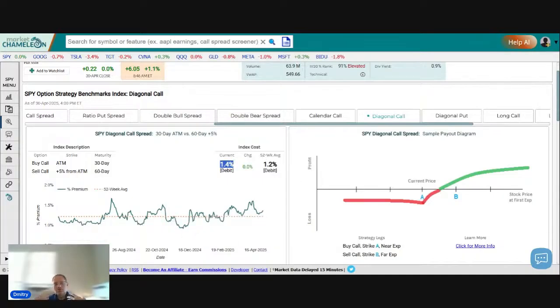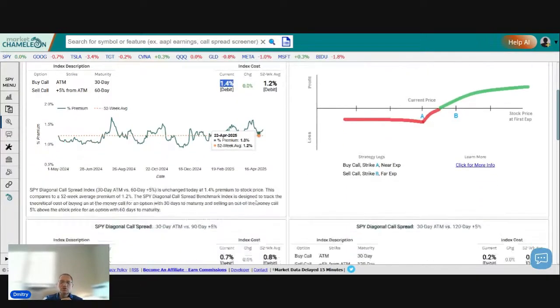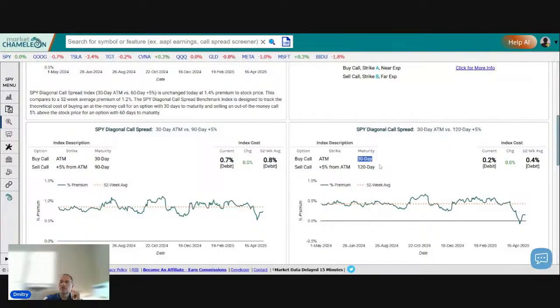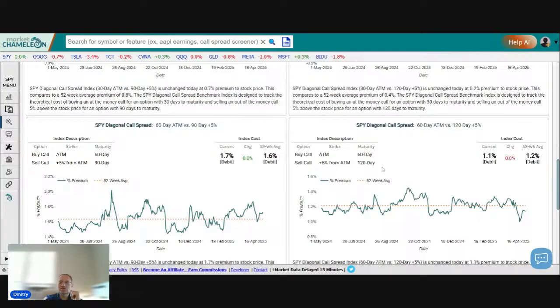And to make more comparisons, we could look at, for example, 30-day, 90-day to see how that lines up. We could look at 30-day and 120 days. We could look at 60, 90 days, 60, 120.